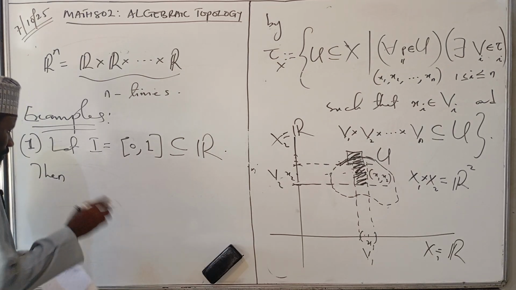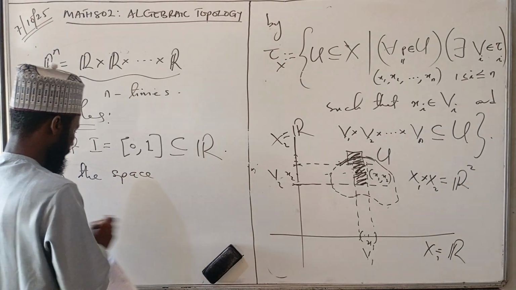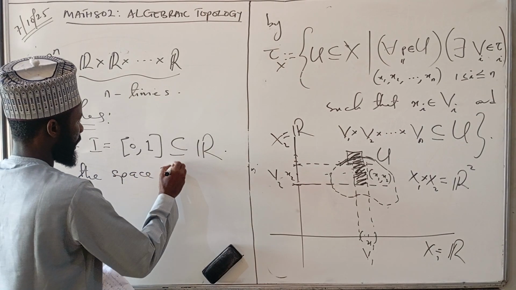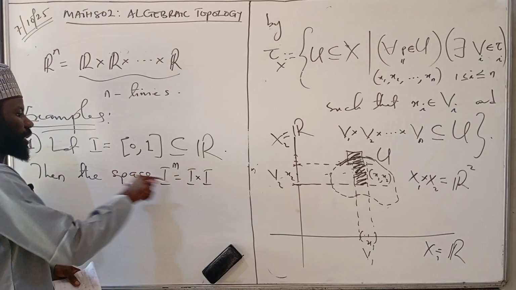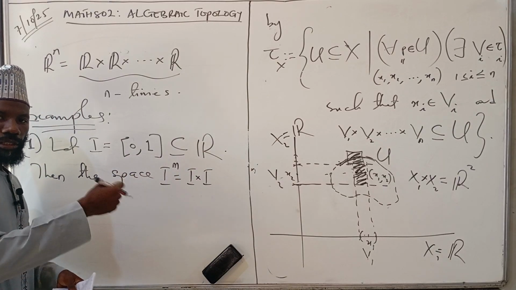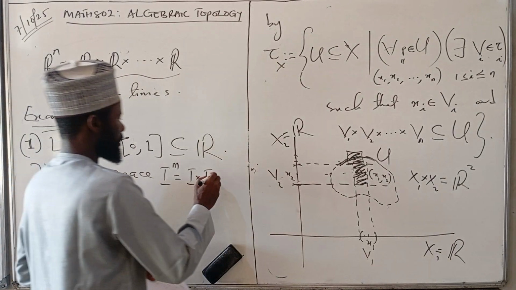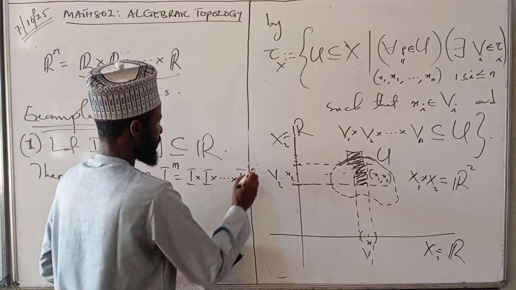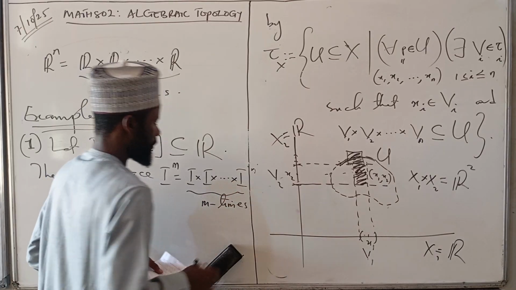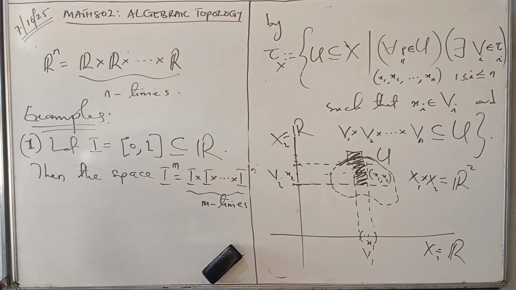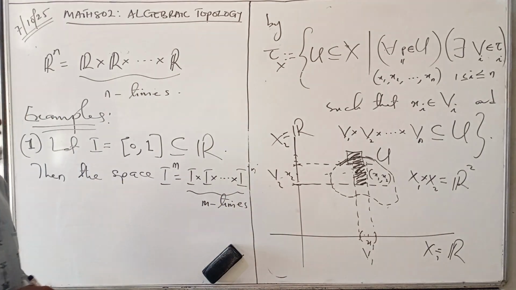The space I^m, which is I cross I, because I have a topological space, then I can take the Cartesian product of it by itself, up to m times, to be a new topological space. This is a product space, okay?